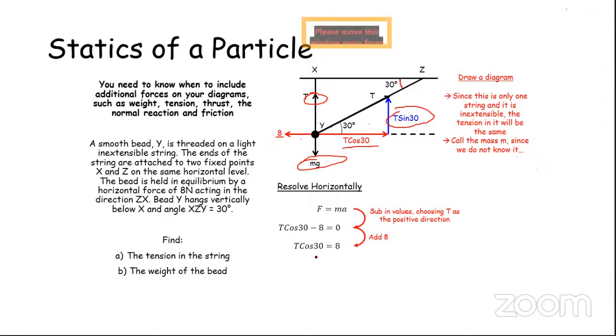Then T cos 30 is equal to 8. We divide by cos 30. And after calculation we shall have T as 9.82.